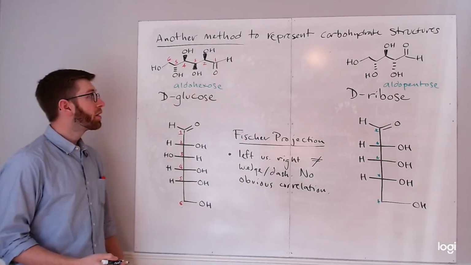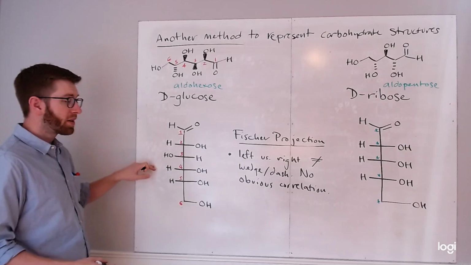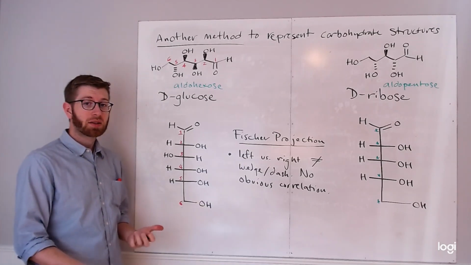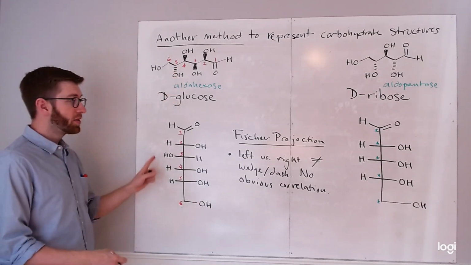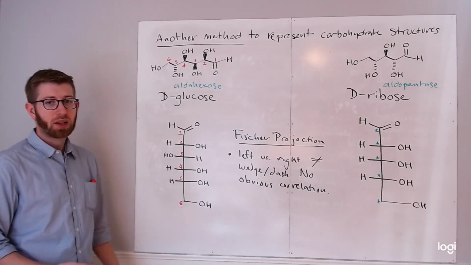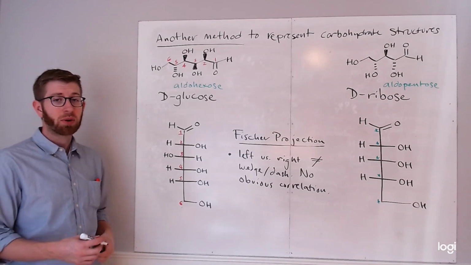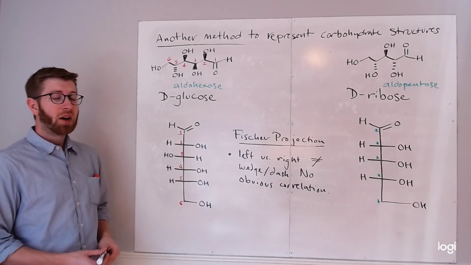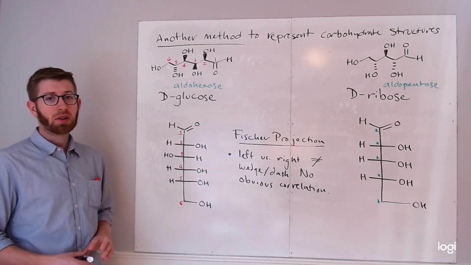You can convert between line angle drawings and Fischer projections. So there is a system for converting wedges and dashes to left and right, but it's complex and most people don't use it. So it turns out that like many kinds of communication, whether they be graphical or verbal, different kinds of cultures use different kinds of systems.